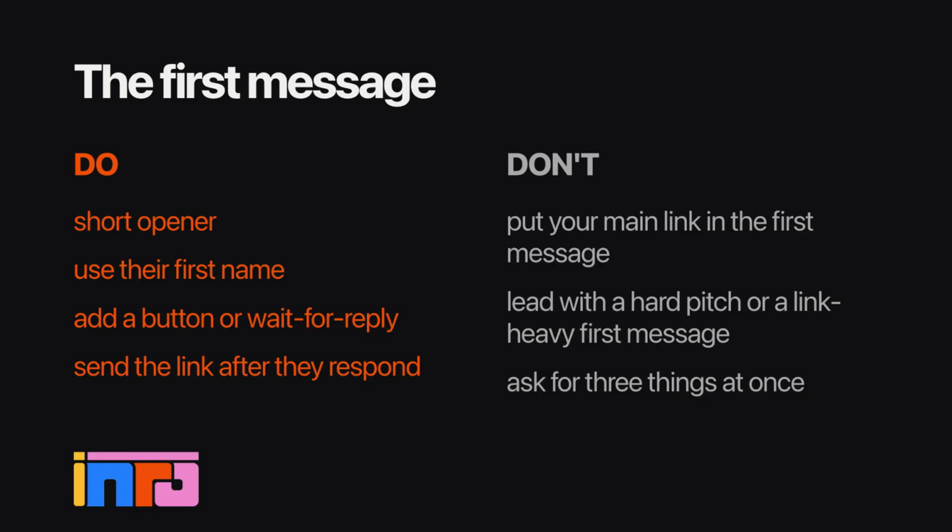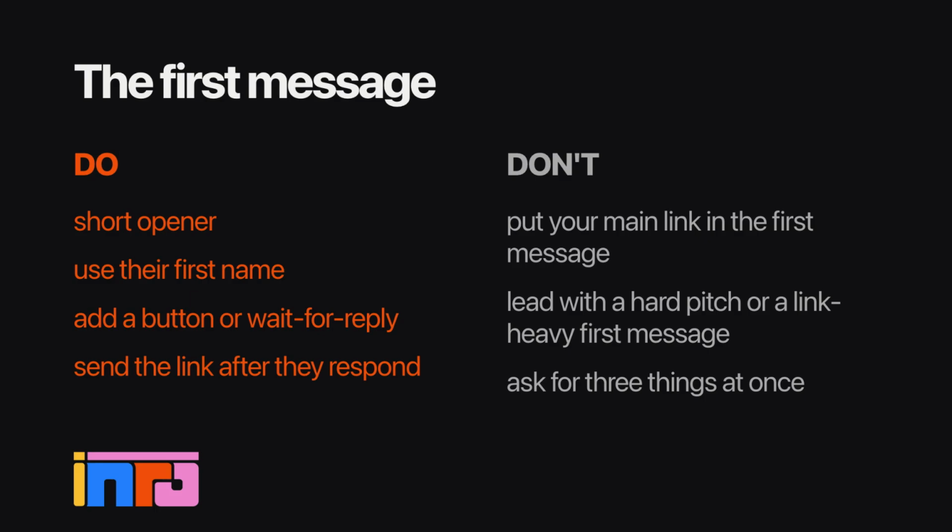A few things separate automations that convert from ones that get ignored. Reply instantly. That is the whole point. The DM arrives in seconds, while interest is hot. Keep your first message short and conversational rather than a hard pitch. A natural opener that invites a reply reads as human, while a link-stuffed sales line is what tends to draw spam flags.